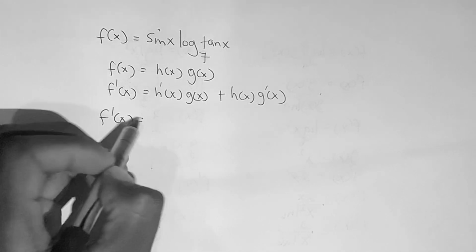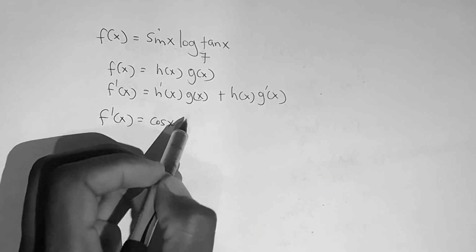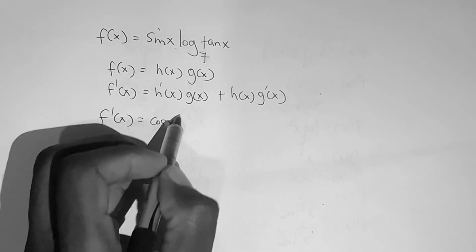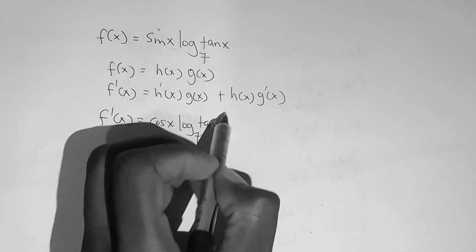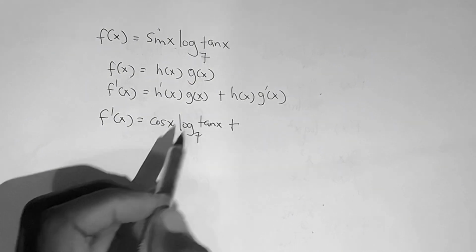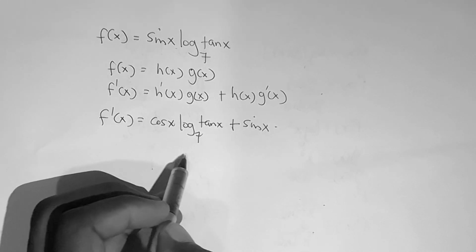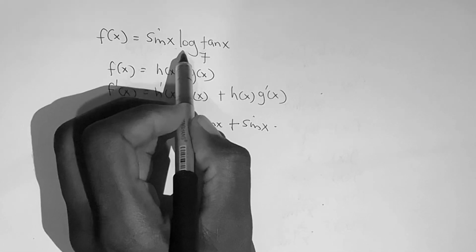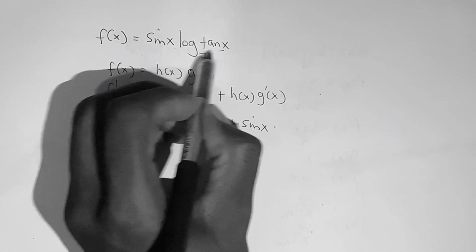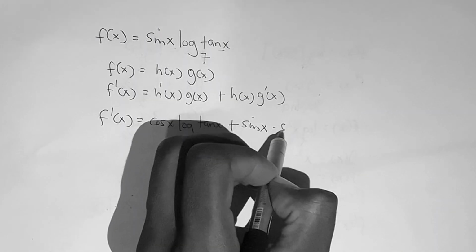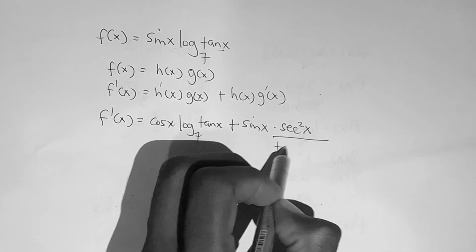So in this case, f prime of x is equal to, differentiate sine x, you will get cos x. Then you multiply it by g of x, which in this case is log tan x base 7. Then you add it to h of x, so that means you keep sine x. Then you multiply by g prime of x, so we need to differentiate log tan x. Now in this case we need to differentiate tan x. If you differentiate tan x, you will get sec squared x. Then you divide it by g of x in this case, which is tan x.